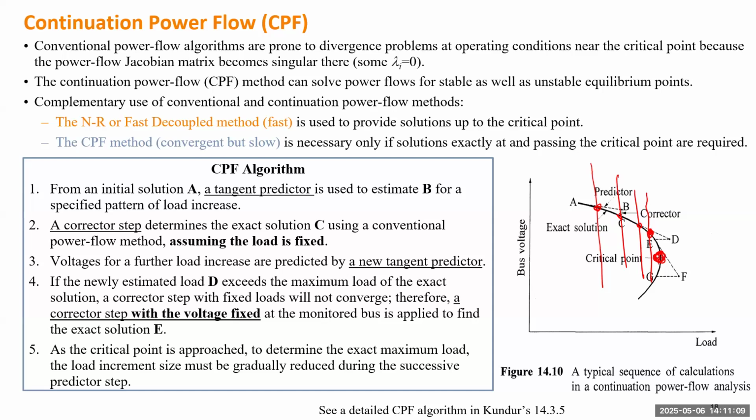Then you want to switch to continuation power flow. Then it will continue until it identifies that point. That gives you a very accurate limit of voltage stability. If you want, you can definitely continue to get the lower part, but that part doesn't give you any information, because you won't be able to operate at those points.